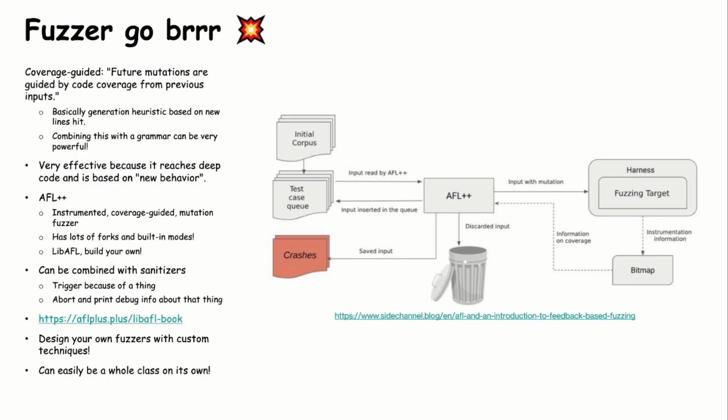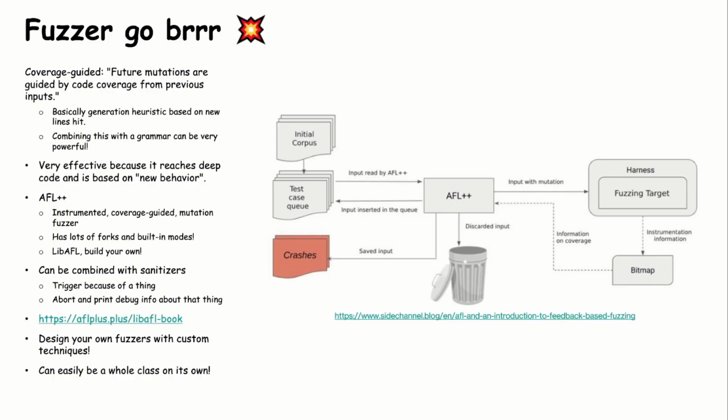It's instrumented, it's coverage guided, and it mutates future inputs based on the coverage of previous inputs. It has a lot of forks and built-in modes, right? So I mentioned AFL++ is instrumented, but it, for example, has a unicorn mode where you can run AFL against arbitrary binary fragments. So you don't even need the context of the entire binary, because it just uses unicorn to execute instructions in an isolated, contextless manner.